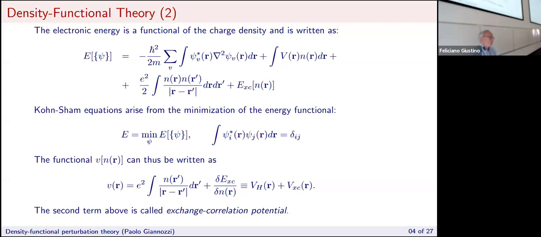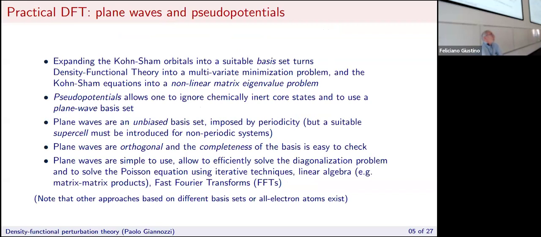Then minimization of this energy under the condition of orthogonality between the Kohn-Sham orbitals leads to the Kohn-Sham equations, and the potential appearing in Kohn-Sham equations is a Hartree potential, a classical electrostatic potential, basically, plus the exchange correlation potential, of which some approximate forms can be easily found.